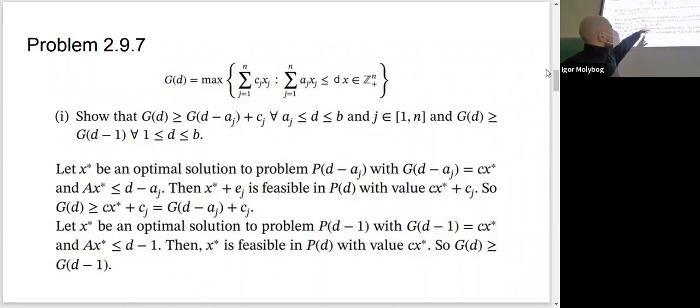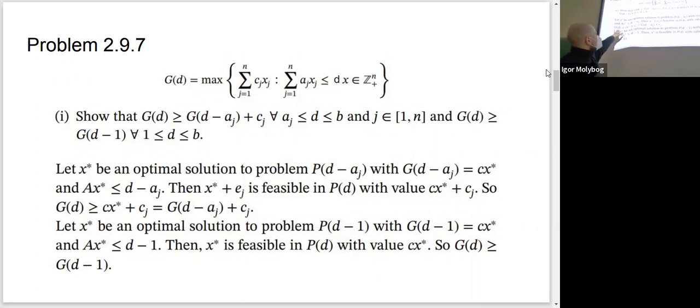Then, if we consider x star plus e_j, where e_j is a vector of all zeros and one at the jth component, this vector is going to be feasible in P of d with the value c x star plus c_j. Basically, we are just adding a new item, item j, to our backpack, because when we go from d minus a_j to d, we add enough capacity to add this new item j.